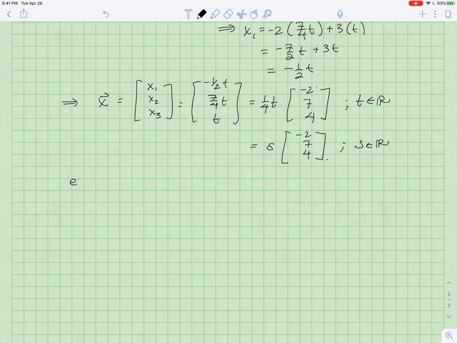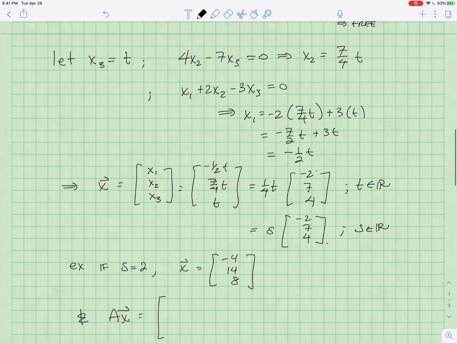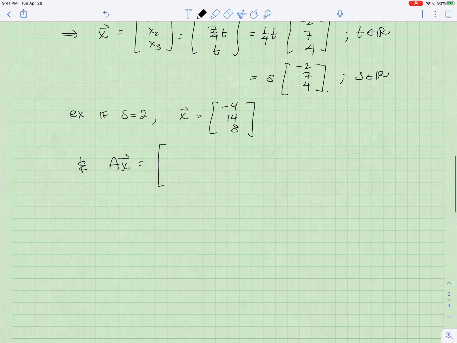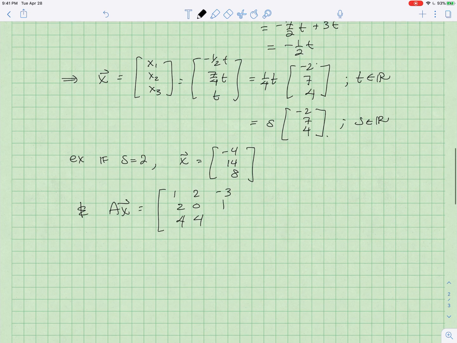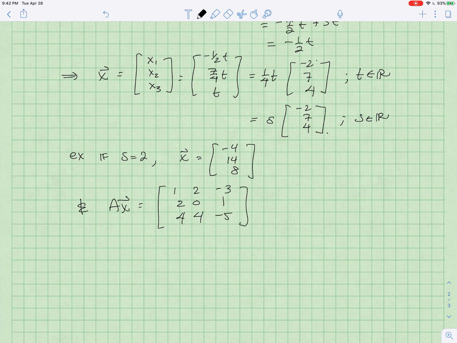So, for example, if s is equal to 2, then one possible vector x is equal to -4, 14, 8, and Ax will be, can't remember what A is, 1, 2, -3, 2, 0, 1, 4, 4, -5 times the vector -4, 14, 8.